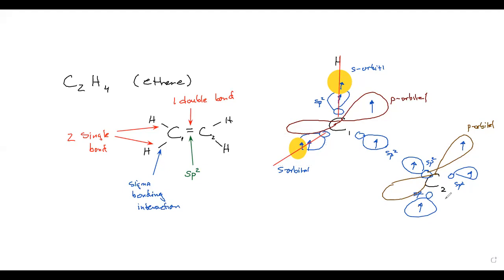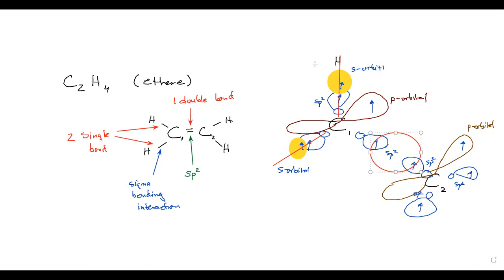You can imagine it being repeated over here with these two sp2 orbitals from carbon number 2, which leaves this interaction here. What's going to happen is that the remaining sp2 hybrid orbital from carbon number 1 and the sp2 hybrid orbital from carbon number 2 are going to overlap.